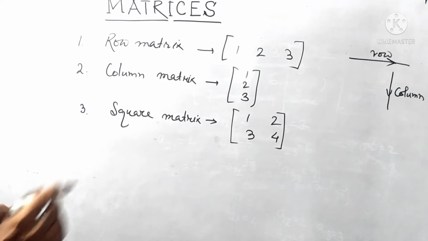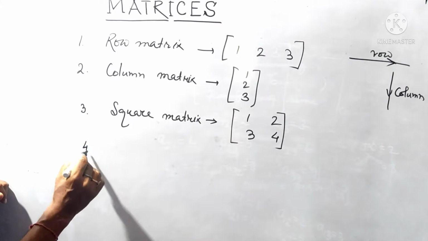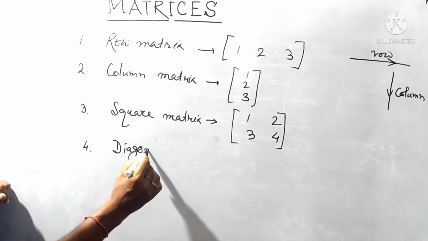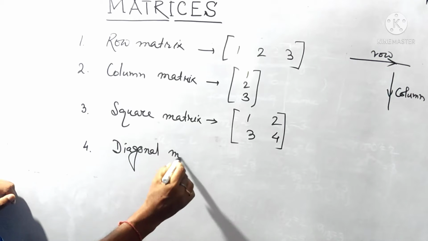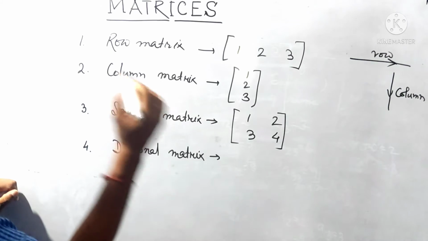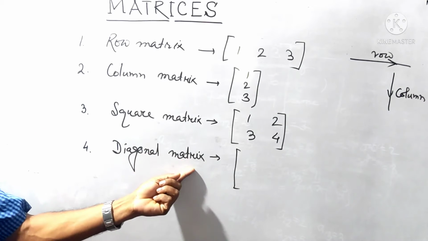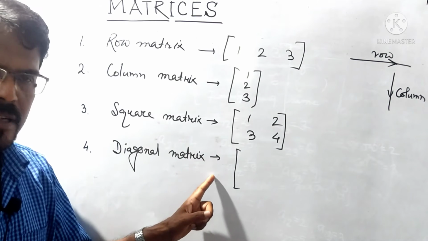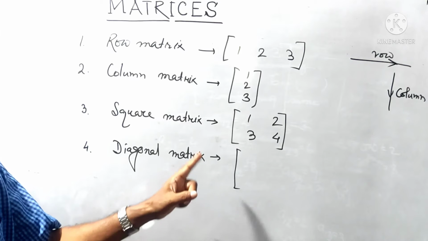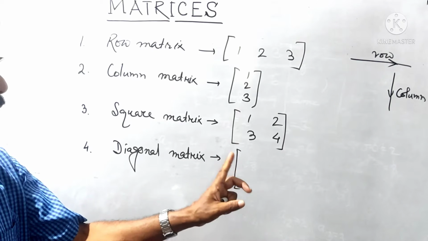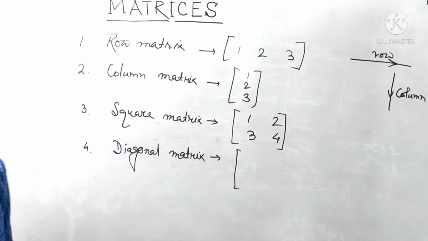Another one is diagonal matrix. Number 4, diagonal matrix. So what is called diagonal matrix? Diagonal matrix is a square matrix, but in this matrix, except the diagonal elements, all other non-diagonal elements are 0.